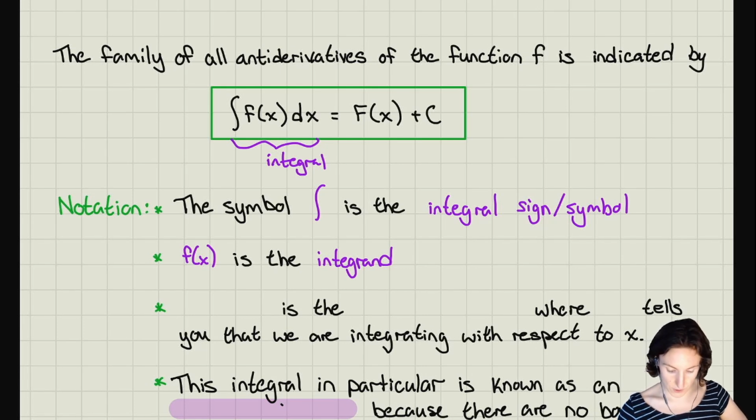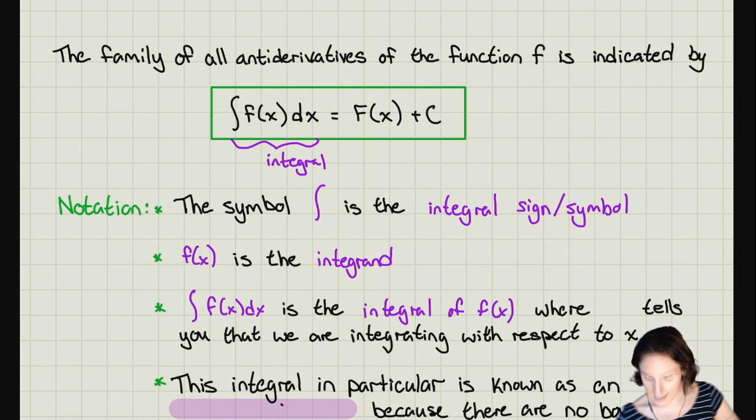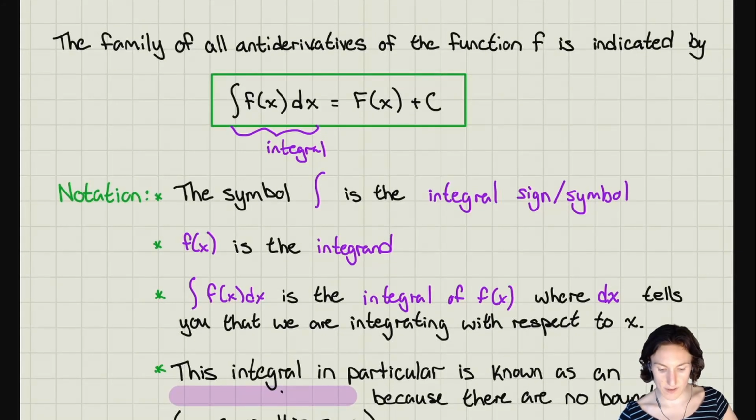Integral f of x dx, the entire thing, is called the integral of f of x, where the dx tells us what we're integrating with respect to. It tells us our variable. It tells us that we're integrating with respect to x.